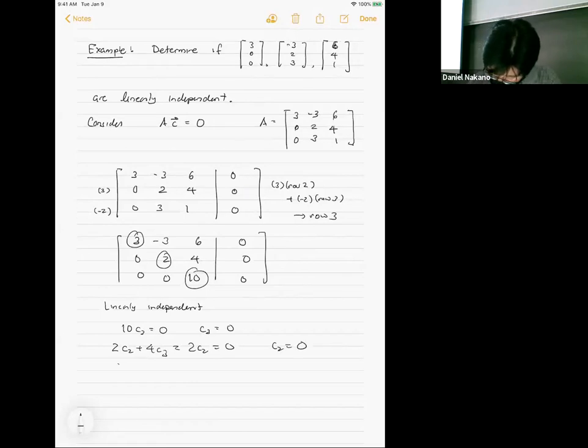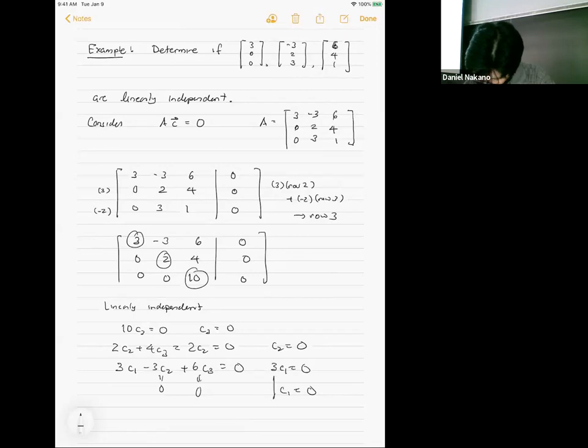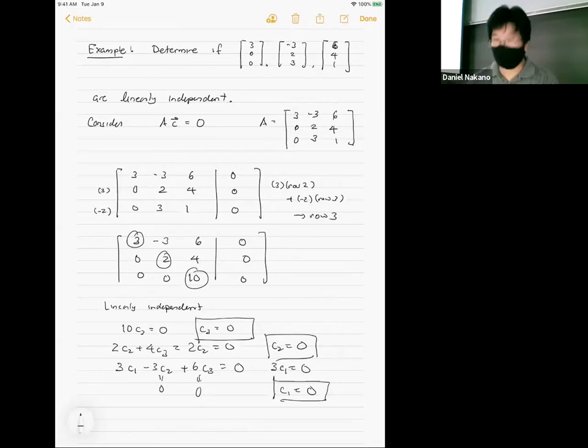And then finally, 3c1 minus 3c2 plus 6c3 has to be 0. We know this one's 0, we know this one's 0 too, so 3c1 has to be 0, which means c1 has to be 0. So when we have all the pivots and no free variables, the only solution to the homogeneous system is the trivial solution.